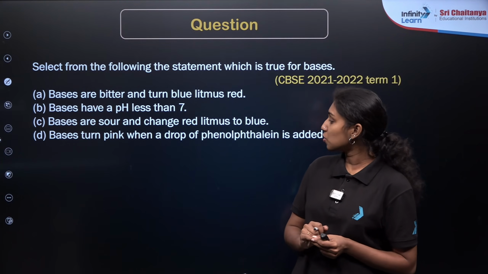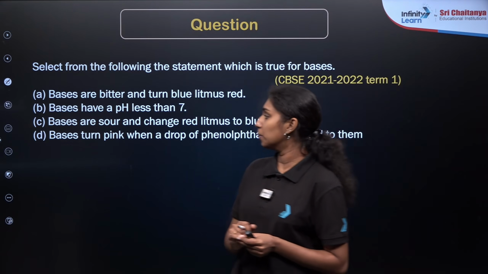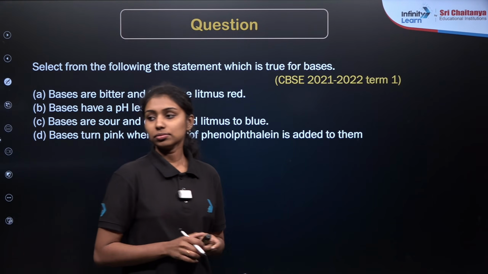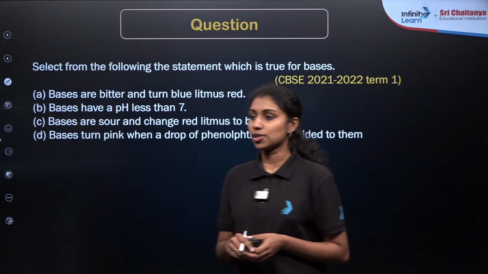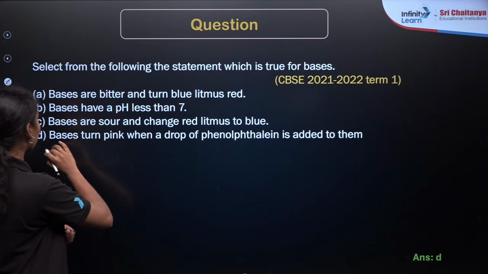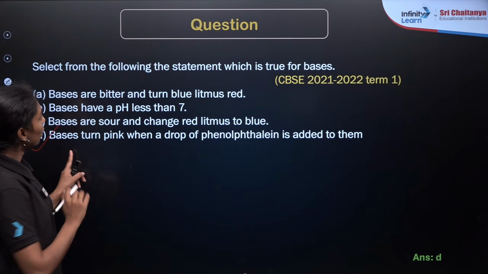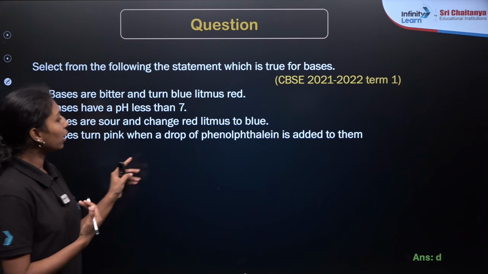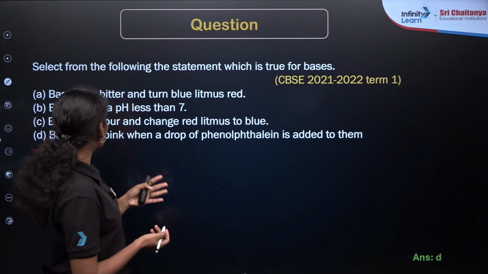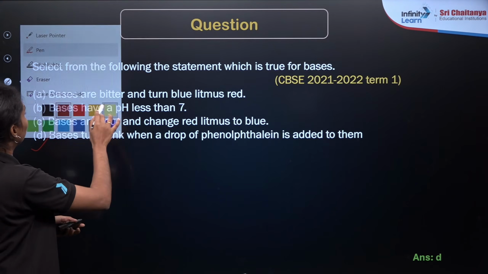Bases turn pink when a drop of phenolphthalein is added to them. Yes, option D will be the correct answer, right? Our first question is based on this question only. Bases turn pink when a drop of phenolphthalein is added, right? So option D will be the correct answer here.